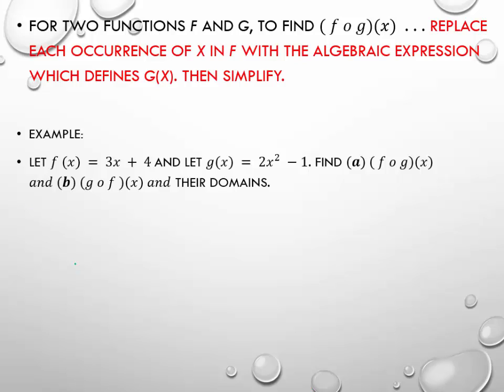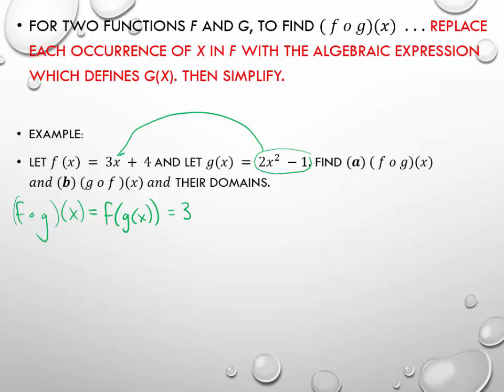So the first one that I want to do is f of g of x. Remember, that is the same thing as taking f and plugging in g of x into its x values. So what does that look like? Well, here is f of x, right here. 3x plus 4. And we're going to take the entire g value and plug it in for its x.